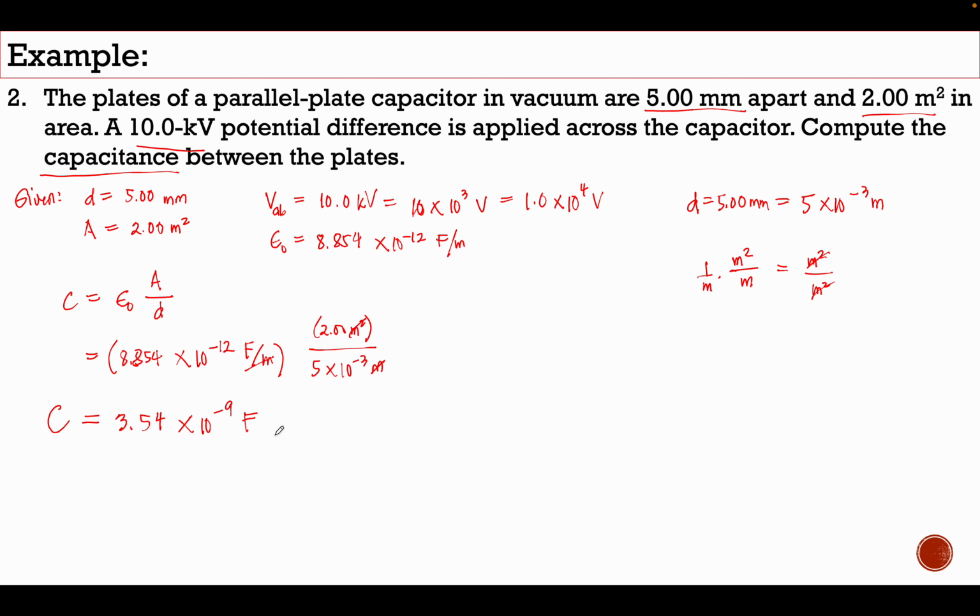Take note that times 10 to the power of negative 9 is nano, so we can also write it as 3.54 nanofarad. This is the value of our capacitance for these two parallel plate capacitor. Okay, so this is for our example number 2.